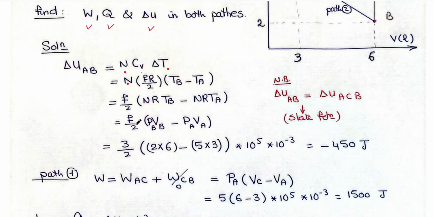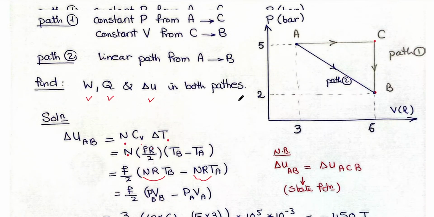So F over 2, open the bracket, nRT at B minus nR times T at A. From the state equation, this is pressure multiplied by volume at point B, and this is pressure multiplied by volume at point A.